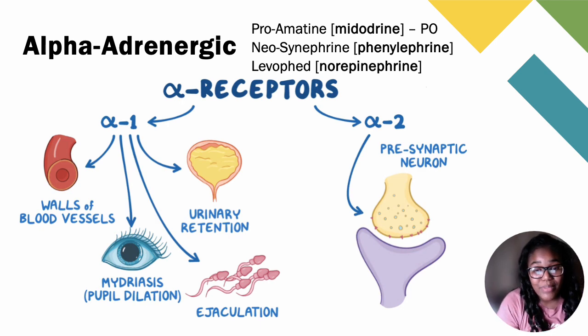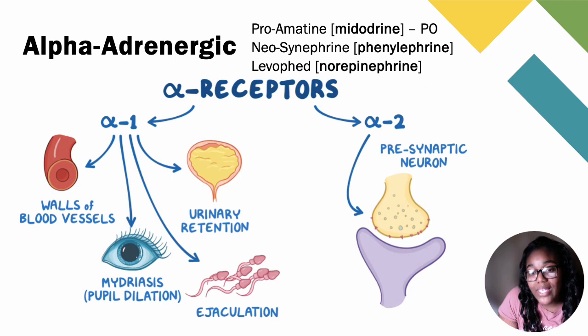So let's talk a little bit about midodrine. Midodrine is a PO version of an alpha adrenergic, and it helps to stimulate these responses. But really, we give midodrine as a first line response to hypotension. That's not awful, but we want to get a patient's blood pressure up. We may even give this to someone that is a renal patient that's getting dialysis and may not necessarily tolerate dialysis well.